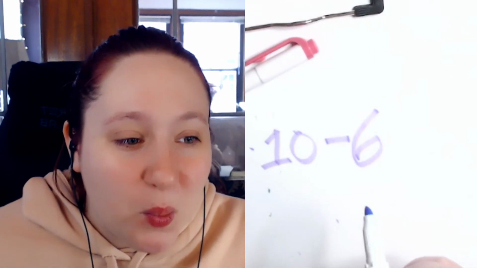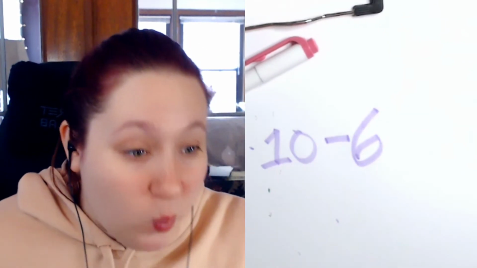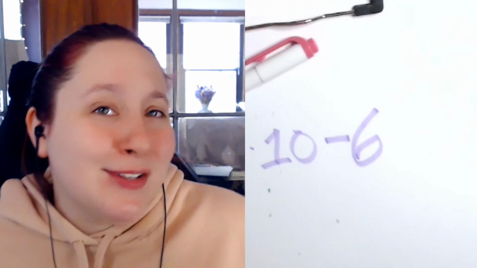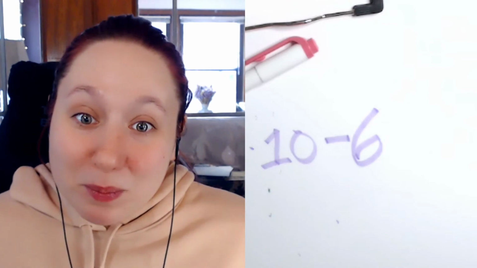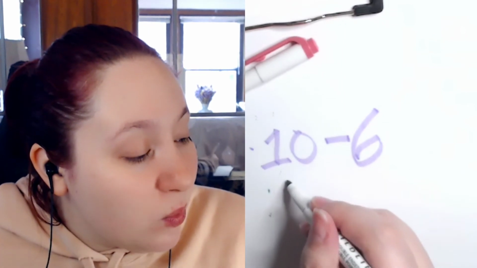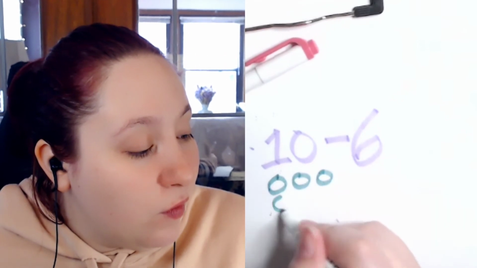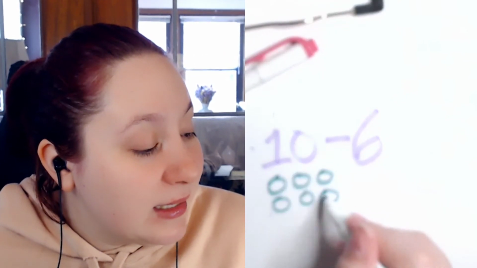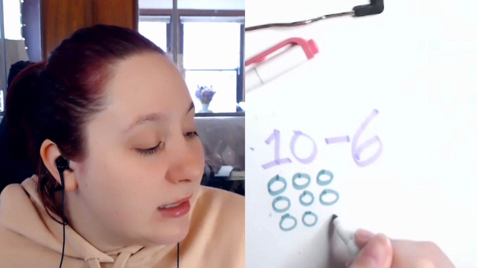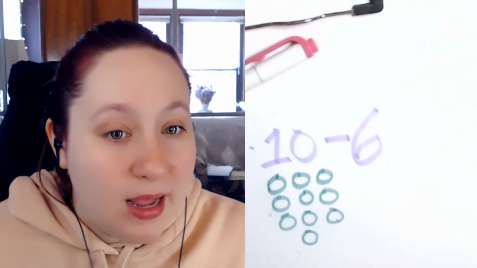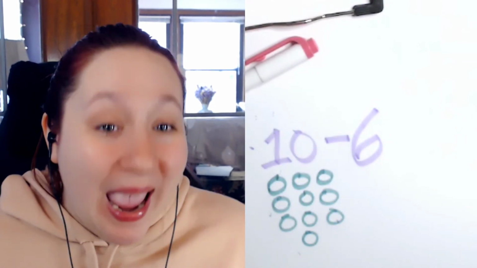So let's figure out what we're left with. Now, we can use our circle method for this, and the circles kind of look like eggs, so it's perfect. So we start with 10. 1, 2, 3, 4, 5, 6, 7, 8, 9, 10. And we're taking away 6.